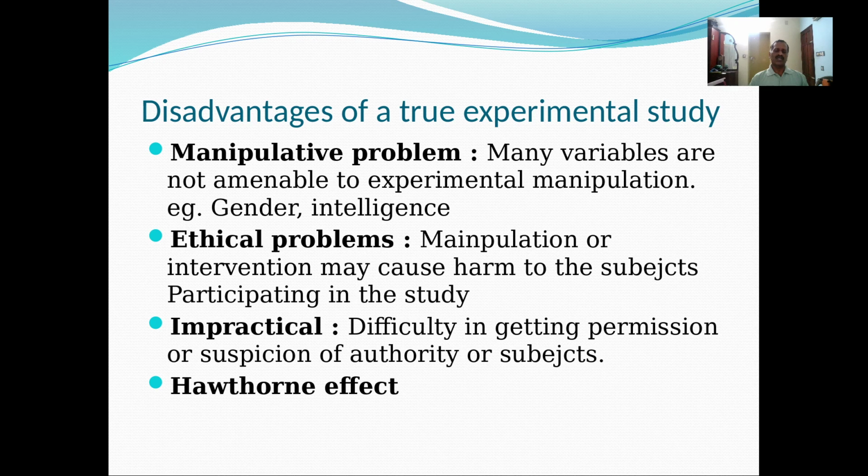Single blind study means the subjects are not aware. We will not give the complete information that they are the subjects of a study. But there are ethical guidelines. Within the limits of ethical guidelines, we will give information, but they are not aware. So there will not be any voluntary manipulation of the study. That is single blind. What is double blind? For example, we are doing a drug trial.